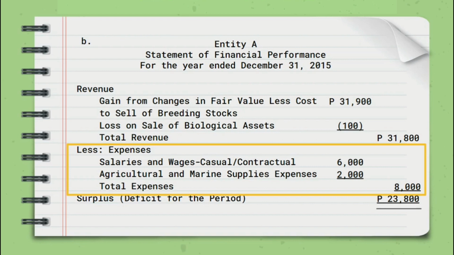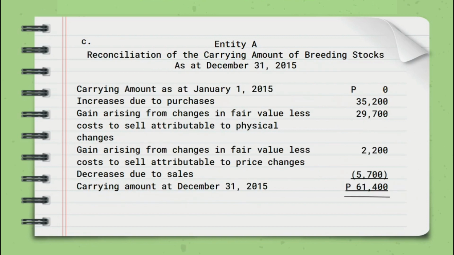And now, since we have the figures for revenue and expenses, we're going to deduct the expenses from the revenue, which will give us the amount of 23,800 pesos.